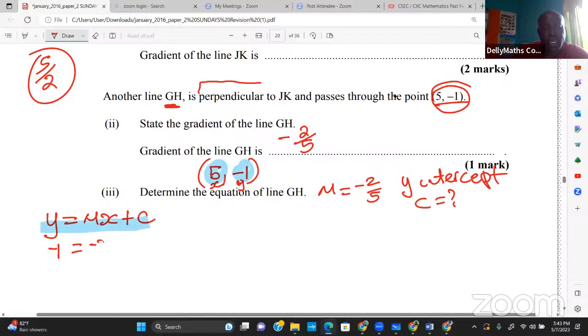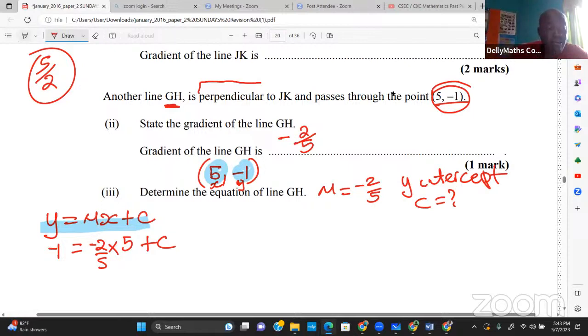M, negative 2/5, times 5 plus c. So we substitute the coordinates for the point 5, negative 1, using the gradient. And then we're going to find c.